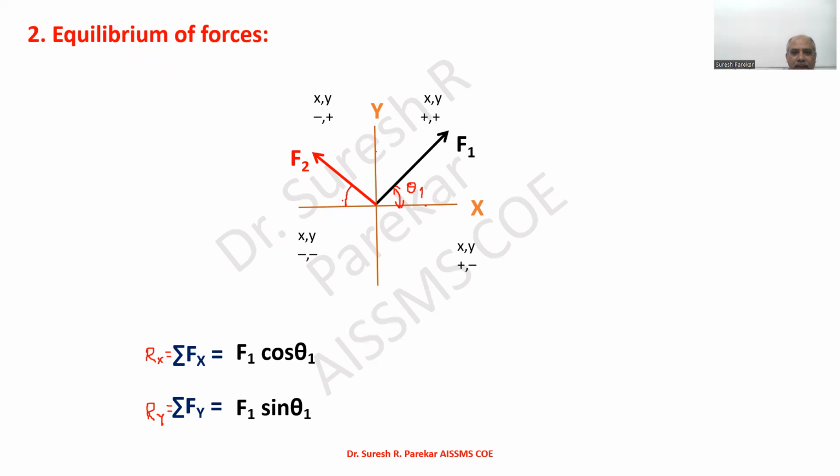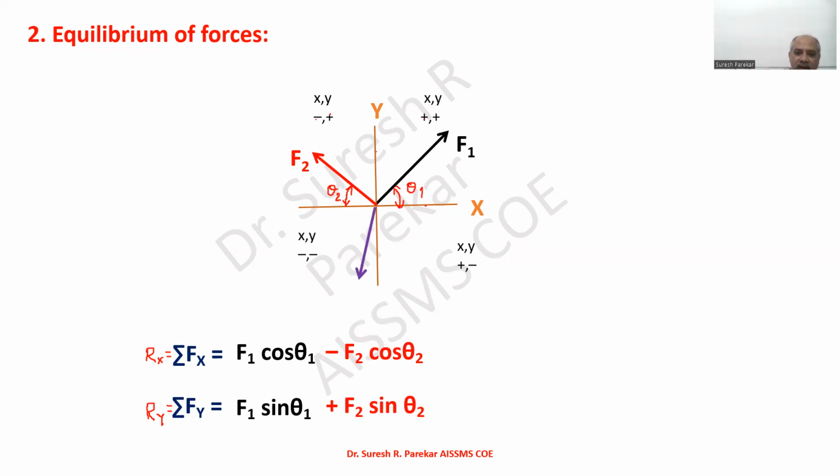Let F2 make an angle with the x-axis, that is theta 2. Now you can see the angle is with the x-axis, so again x component we have cos, y we have sine. Now we have in the second coordinate x minus, y plus. So you can see minus F2 cos theta 2 plus F2 sine theta 2. In the second coordinate y is plus.